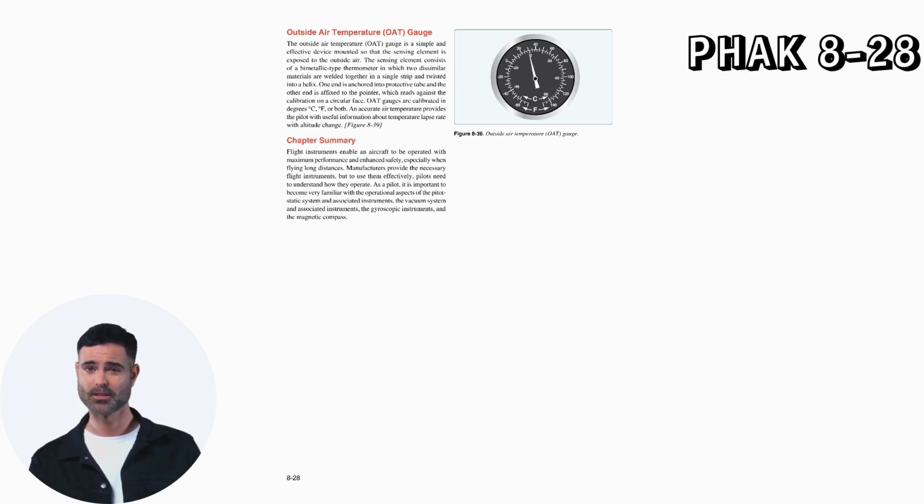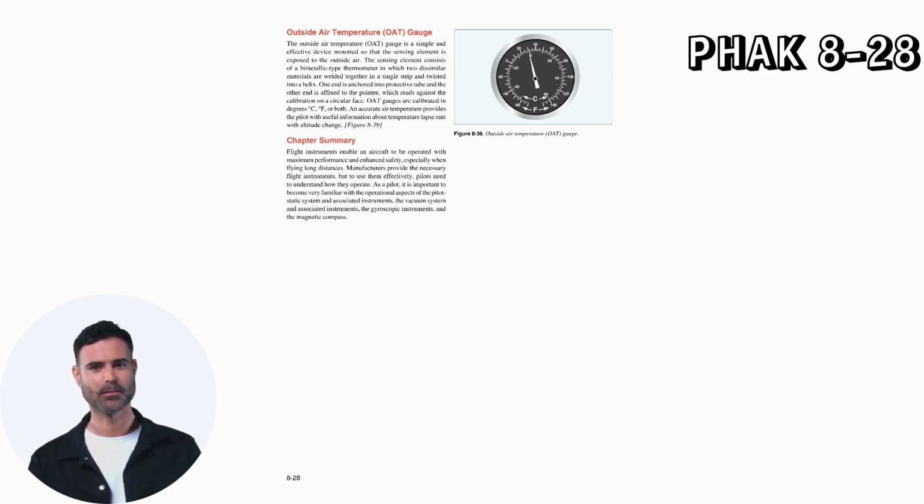One end is anchored into a protective tube, and the other end is affixed to the pointer, which reads against the calibration on a circular face. OAT gauges are calibrated in degrees Celsius, Fahrenheit, or both. An accurate air temperature provides the pilot with useful information about temperature lapse rate with altitude change.